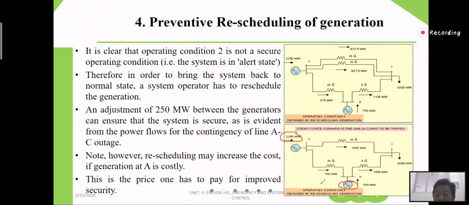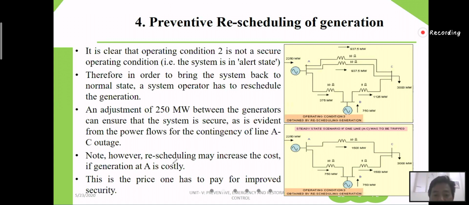So there will be improved security, but we may have to pay the price for this. So always when you do a rescheduling, it does not mean that you will get a cheaper price. It may be cheaper sometimes, but most of the time it is not a cheaper one. Most of the time it will be a costlier one, but there is no option, we have to carry it out.